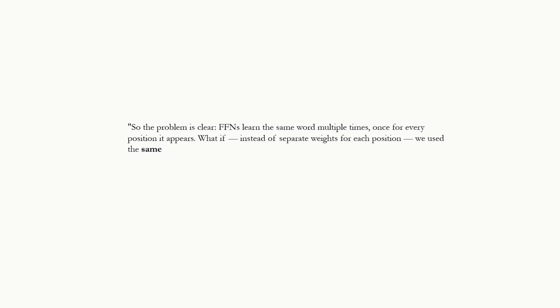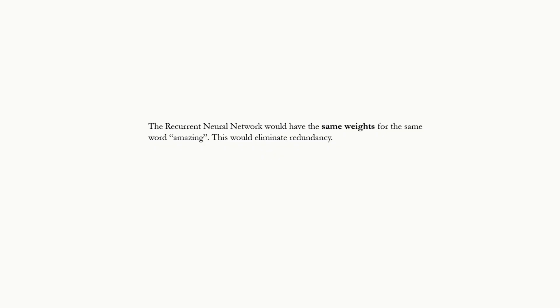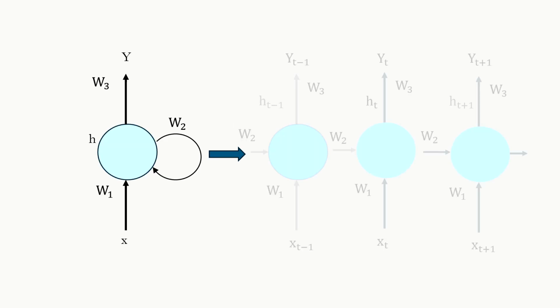What if instead of separate weights for each position, we use the same weights at every time step and added a memory that passes information forward? The recurrent neural network would have the same weights for the same word amazing. This would eliminate the redundancy. Now we have this recurrent neural network here.